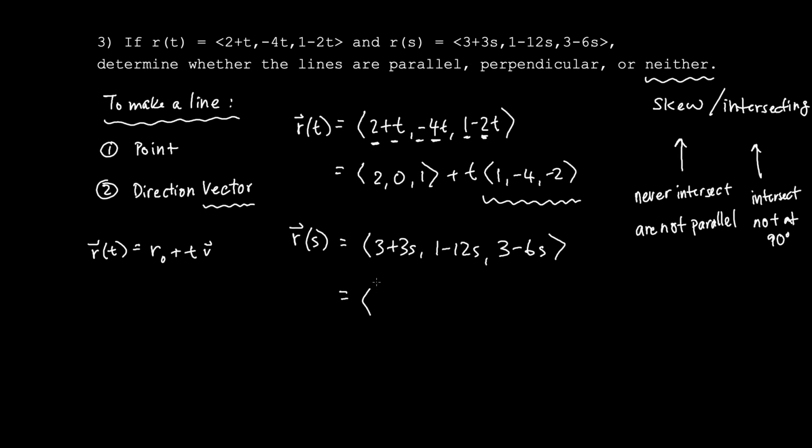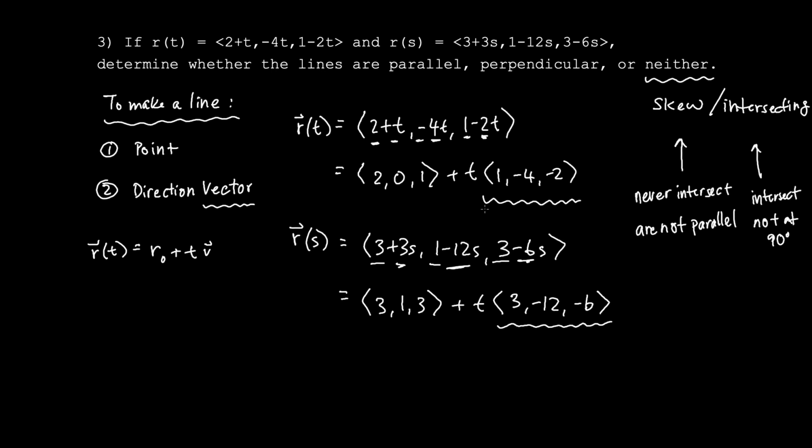Breaking this down, we get the point equal to 3, 1, 3, plus t times the direction vector. The direction vector is composed of the coefficients multiplied to each parameter s. So we have 3, negative 12, and negative 6. So we have our point here, 3, 1, 3, and we have our direction vector, 3, negative 12, negative 6.